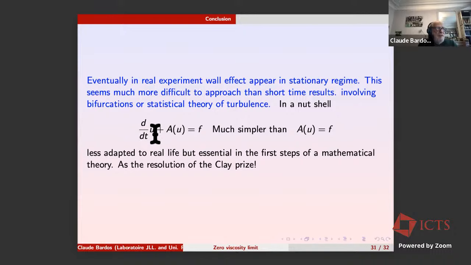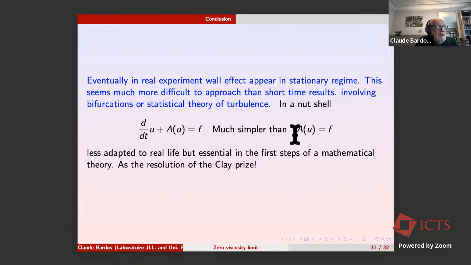You prescribe good initial data, and you say what will happen in finite time. Well, I want to analyze whatever this type of A may be. This for short time is much simpler than considering the equation A of U equal F.